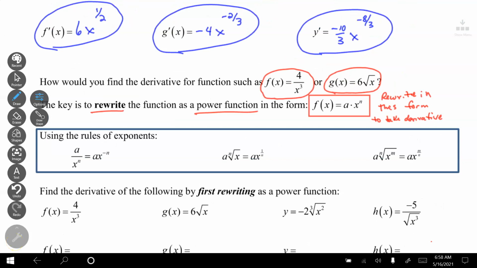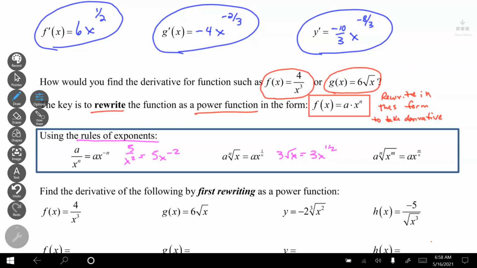So again, you need to remember your rules of exponents. If you have a function with x in the denominator, it becomes x raised to a negative exponent. So 5 over x squared is really 5x to the negative 2. And when we have roots, they become fractional exponents. So 3 square root of x is really 3x to the 1/2.